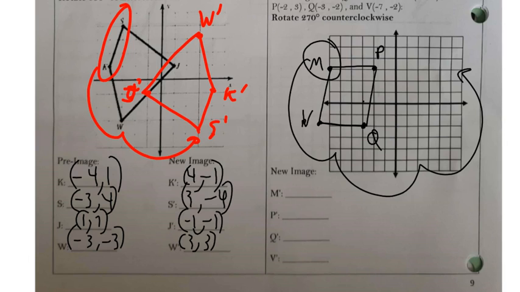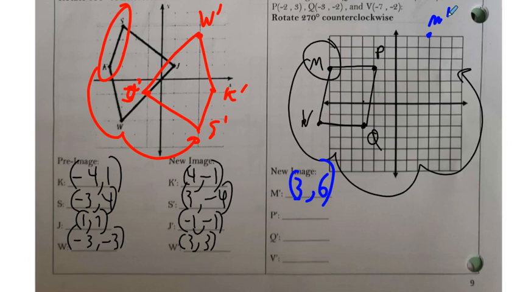The negative 6 is going to go over here and become positive, and the 3 switches spots with it. So 3, 6. There's M prime right there, in that quadrant we predicted.